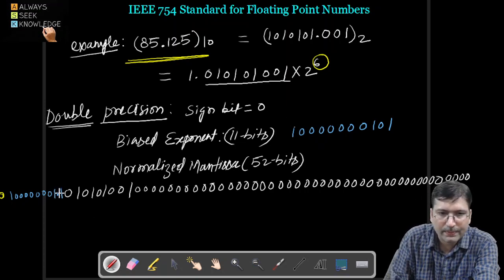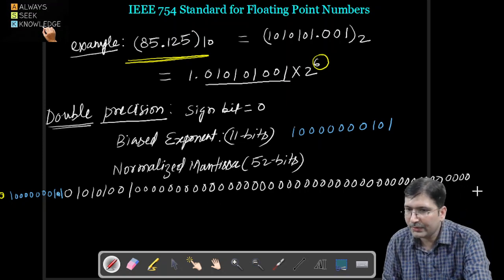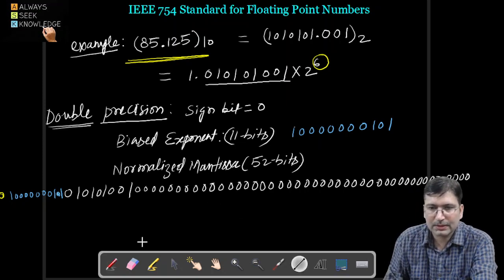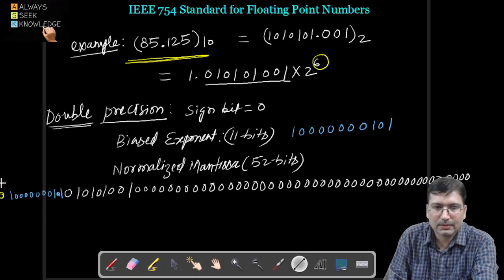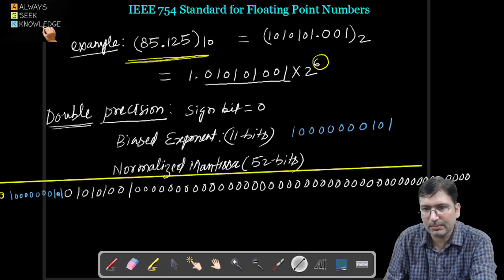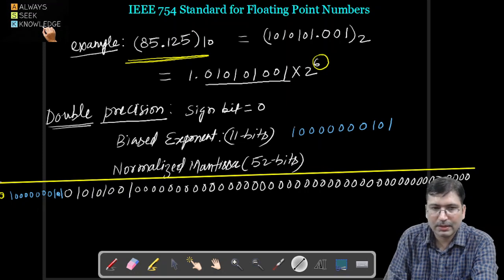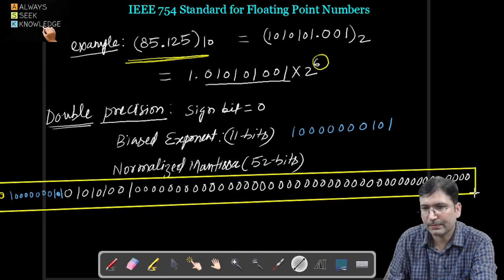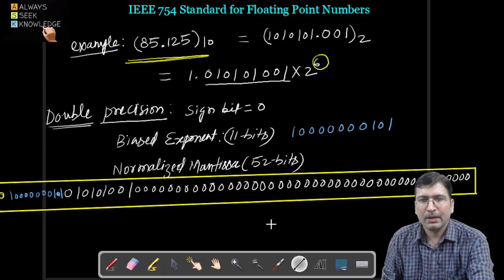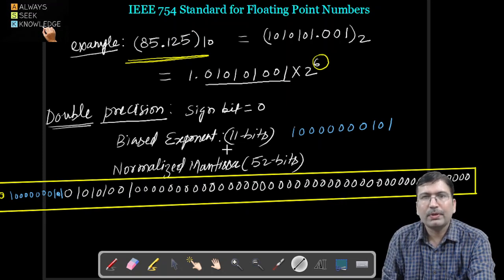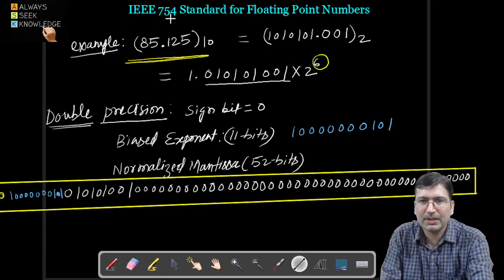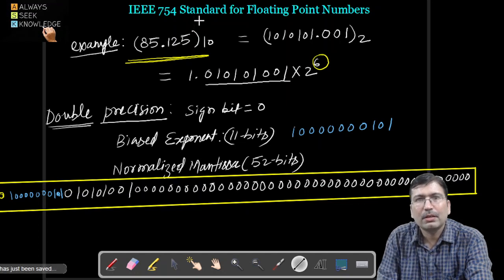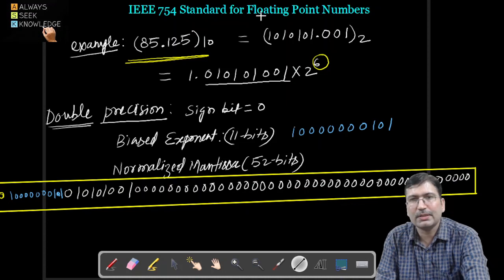Then the remaining 52 bits. This will be the representation of the given number in IEEE 754 double precision format. I hope with this the IEEE 754 standard of floating point number representation is clear to you. Closing this lecture. Thank you everyone for coming.